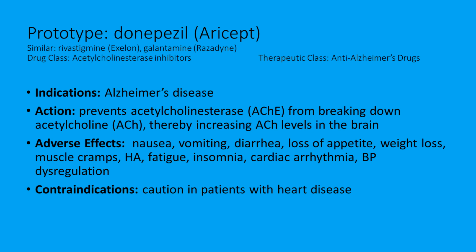So this drug goes everywhere. What other system works with acetylcholine? The parasympathetic system. You are going to stimulate and increase acetylcholine levels in the parasympathetic system. What's that going to do?